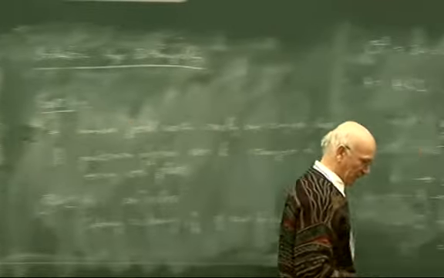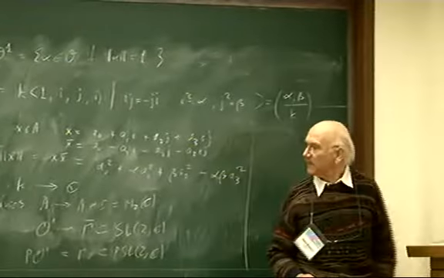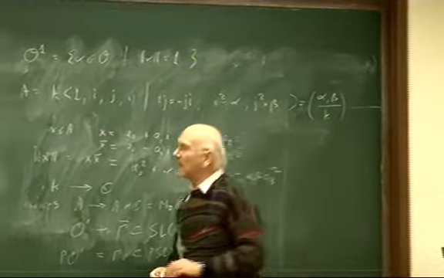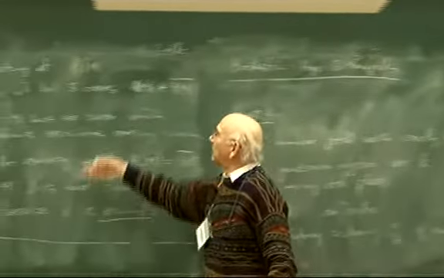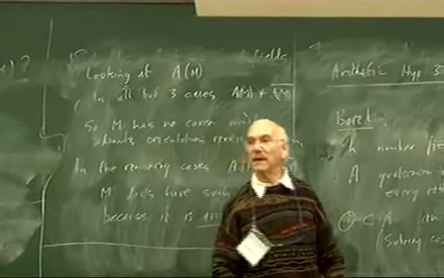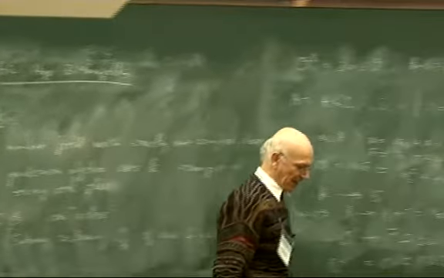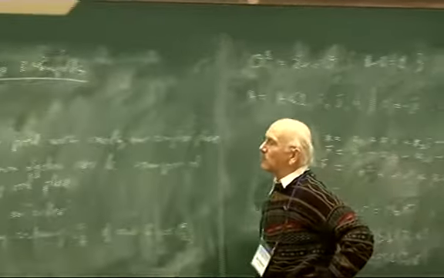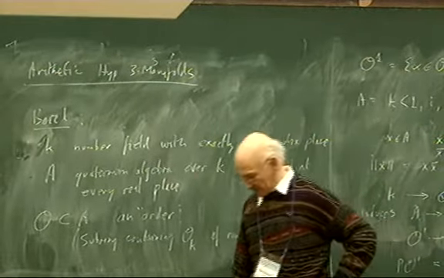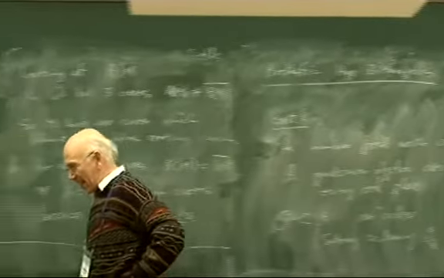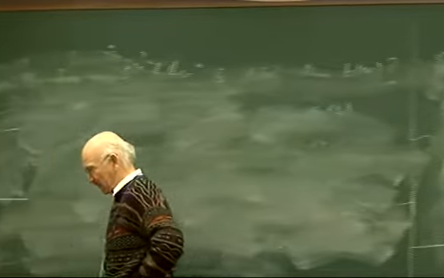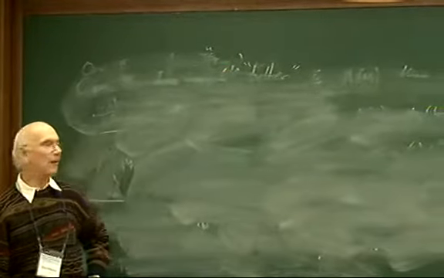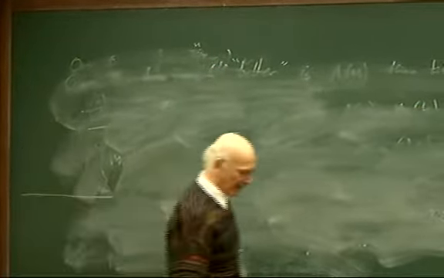Because having defined arithmetic hyperbolic manifolds, it's worth saying something about them. And it's kind of miraculous. If you look at these 37 that I wrote down here, almost all of them are arithmetic. And if you look at low volume hyperbolic manifolds, in fact, recently the manifolds of smallest volume, the first 9 or 10, I've forgotten how many, were finally classified.